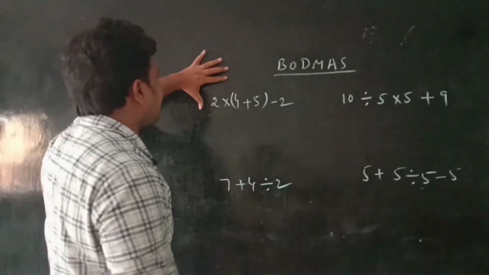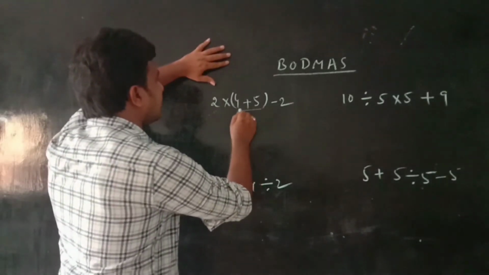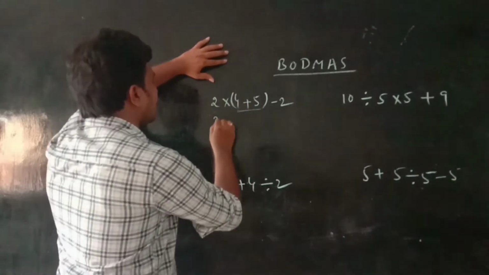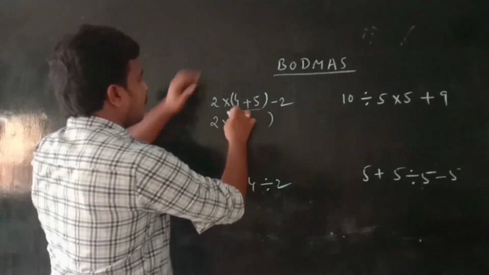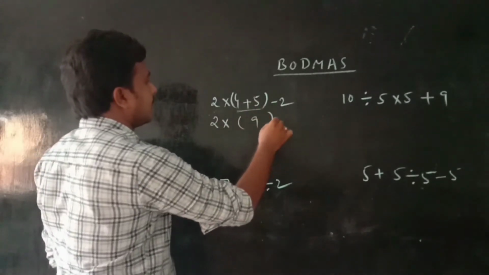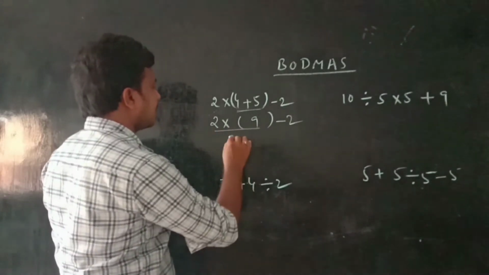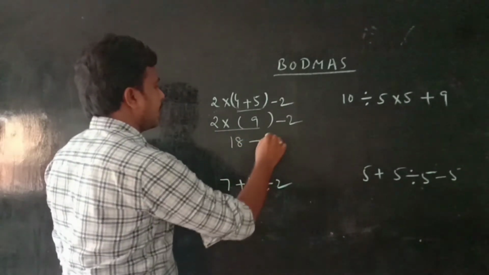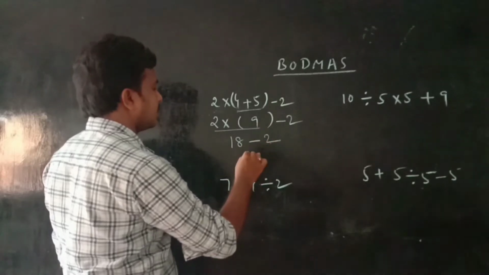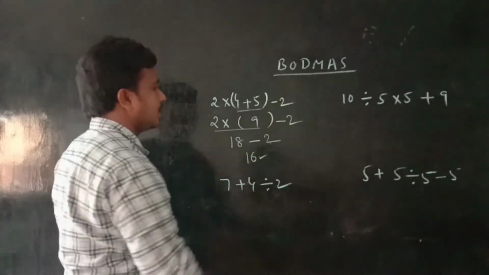Okay students, some more examples. In the first example, first of all we solve brackets. 2 into 4 plus 5 is equal to 9 minus 2. Next 2 9s are 18 minus 2. 18 minus 2 is 16.